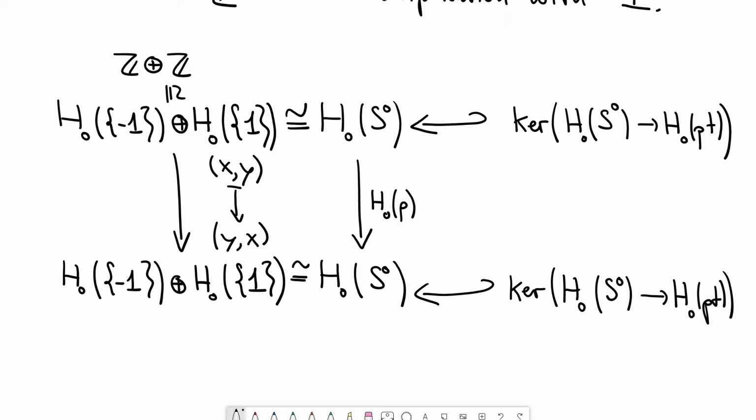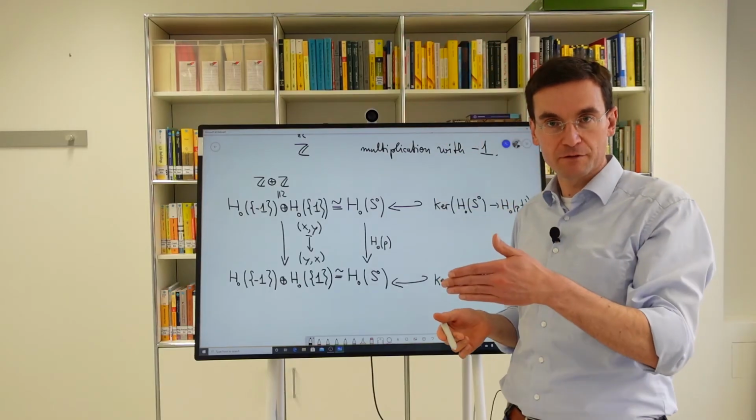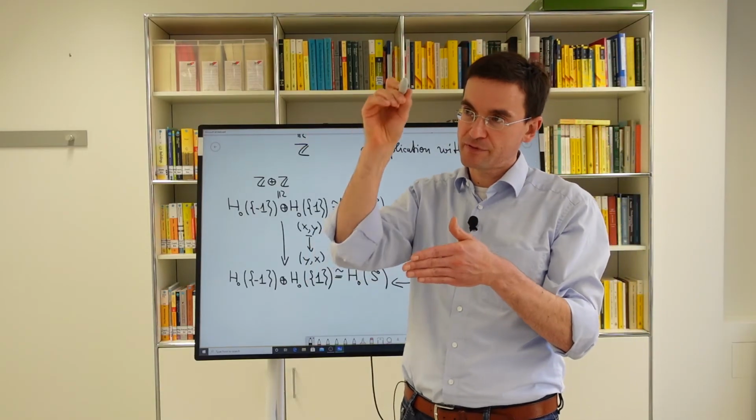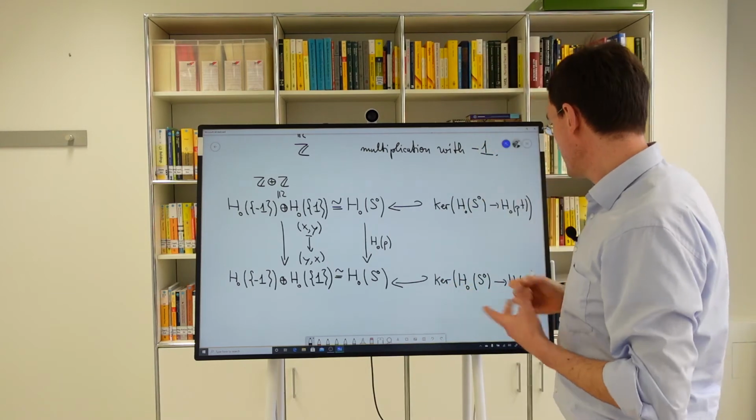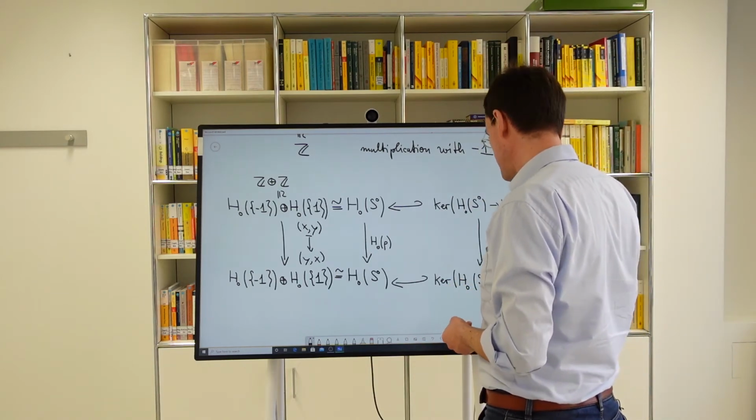And the map rho induces also a map between these kernels, because the map rho is compatible with the projection to the point. Compatible meaning there is a commutative square where you have the map from S0 to S0 and the maps to the point. Therefore, we get also here an induced map.